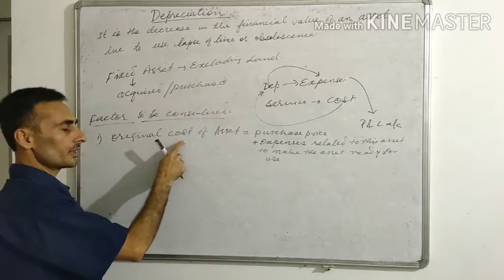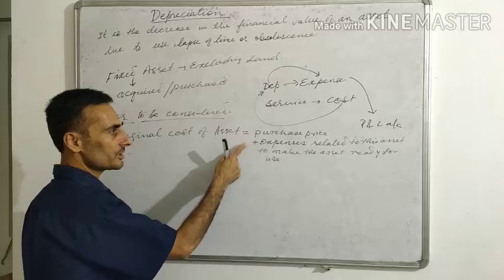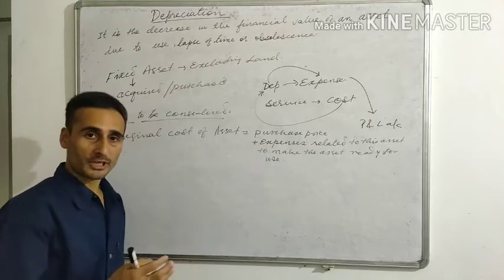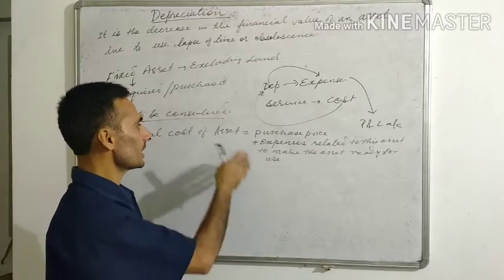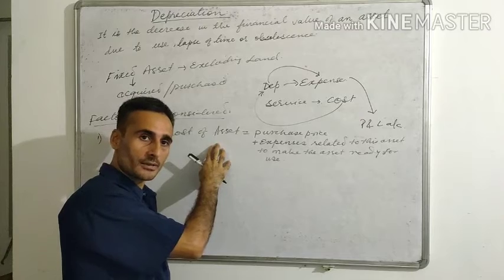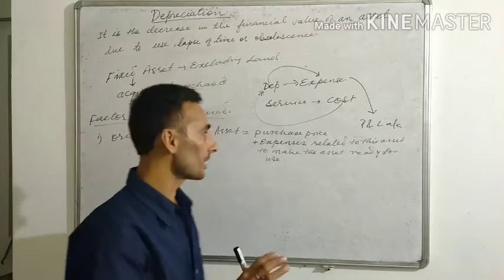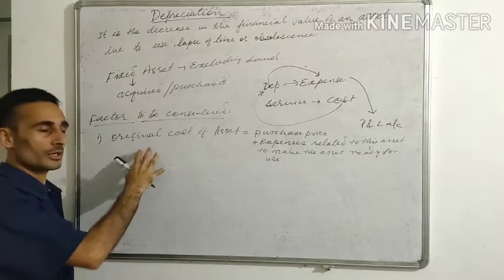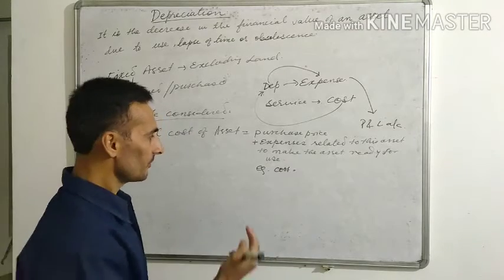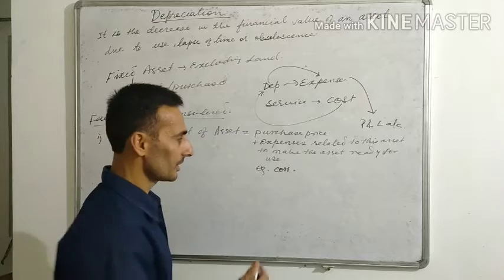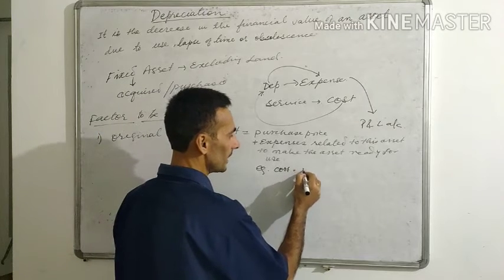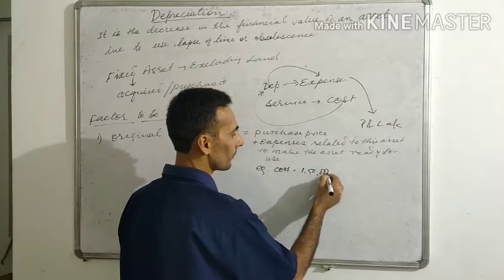So what is the original cost of asset? Purchase price plus the expenses. What kind of expenses? Any kind of expenses incurred on this new asset in order to make this asset ready for use will be considered as the original cost of asset. Take for example the cost of a machine is say 1,50,000.